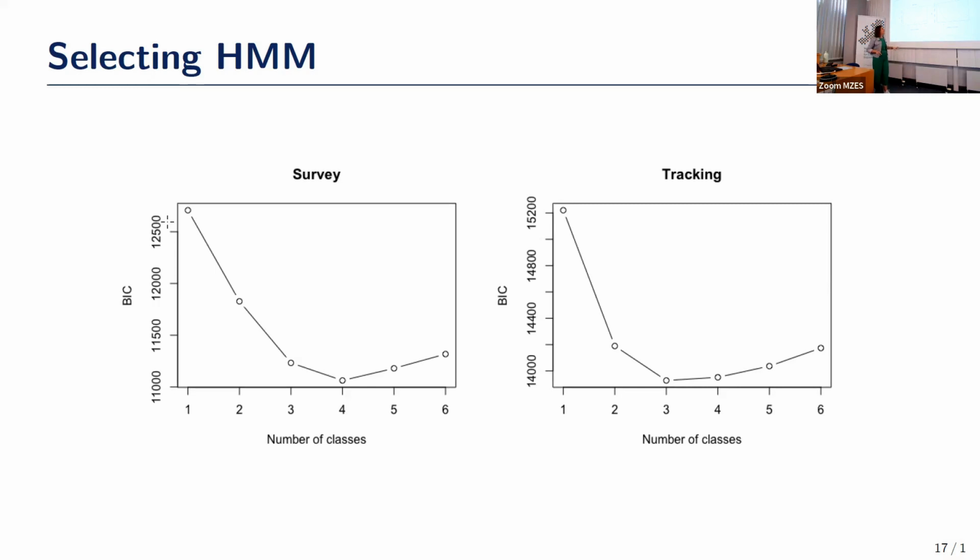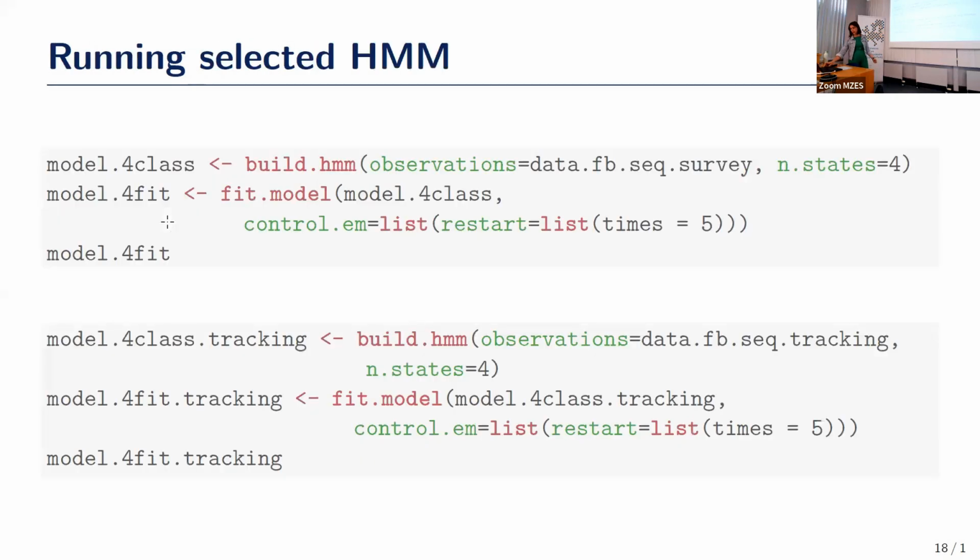What I do here is use 4 classes in both cases, because I want to show you how different the results are if we just use one indicator and assume by default that the measurement error contained in these indicators is random.